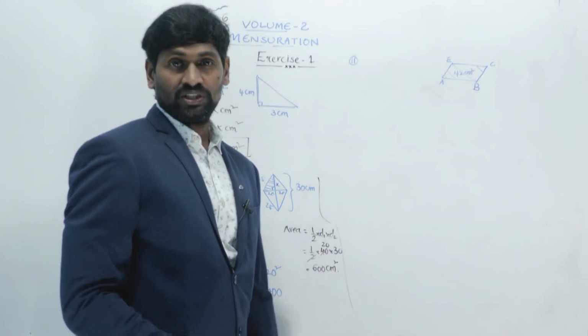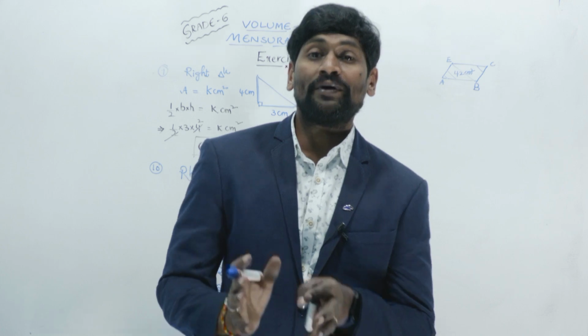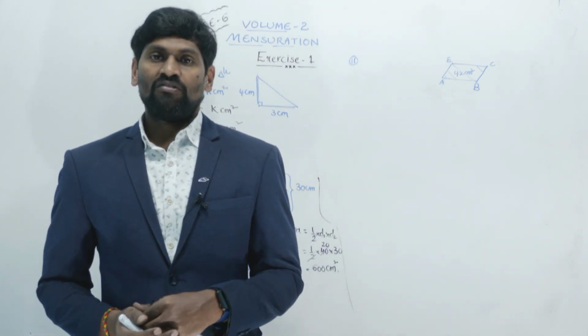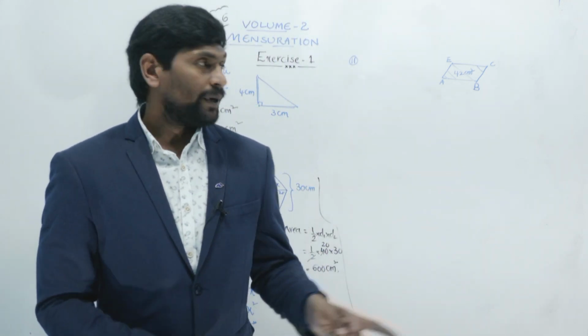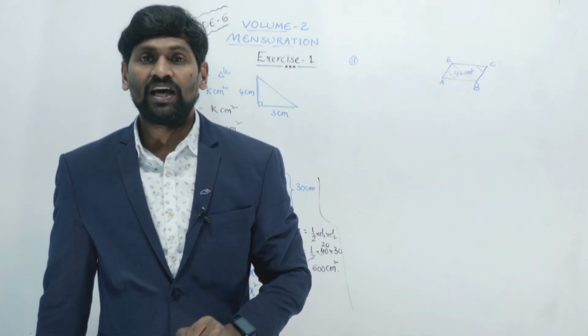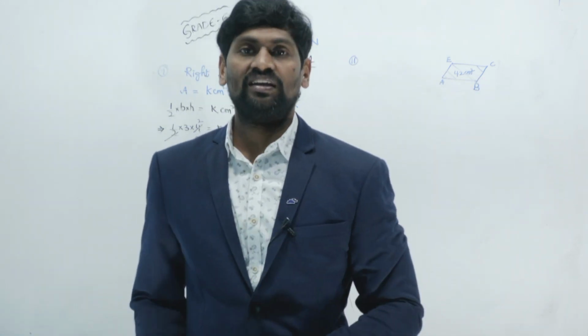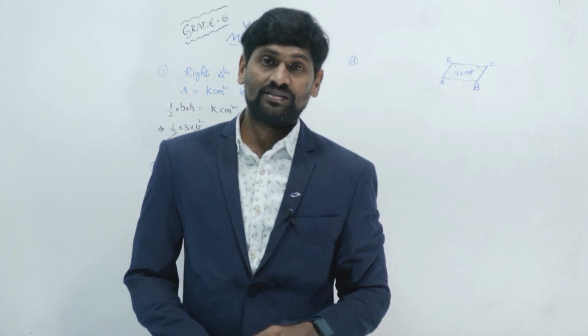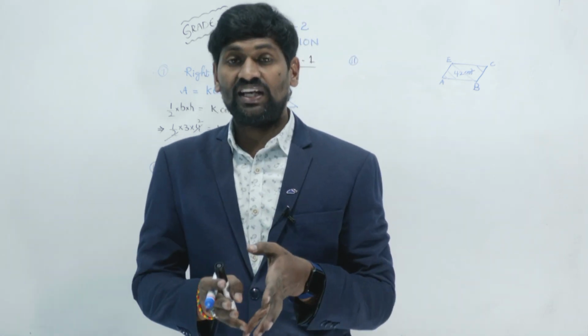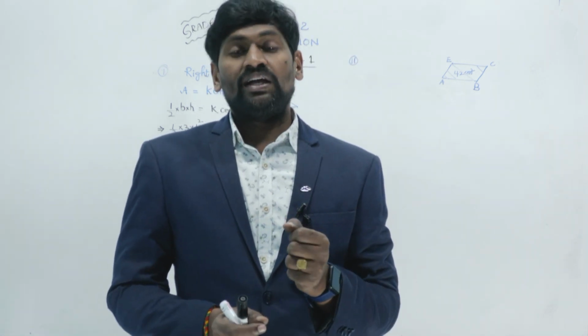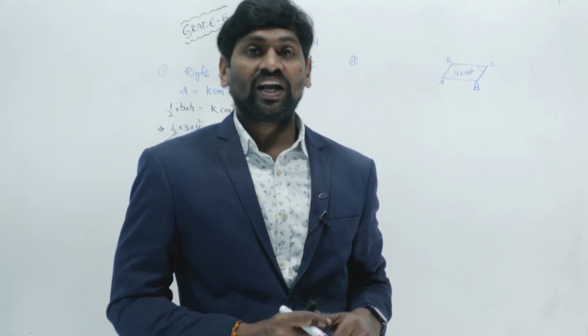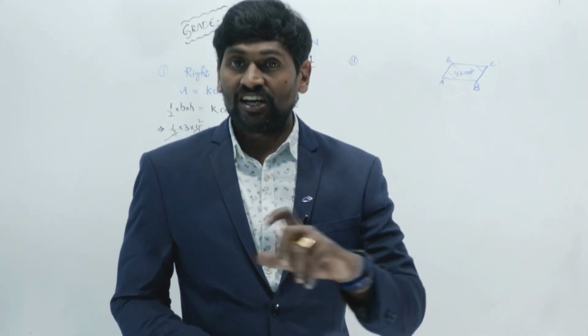So simply you should apply the property of a parallelogram, that is, in a parallelogram the diagonal divides the parallelogram into two congruent triangles. Congruent triangles means having same area, the length of the sides are same, the measure of the angles in both of the triangles are same, and the area also same.